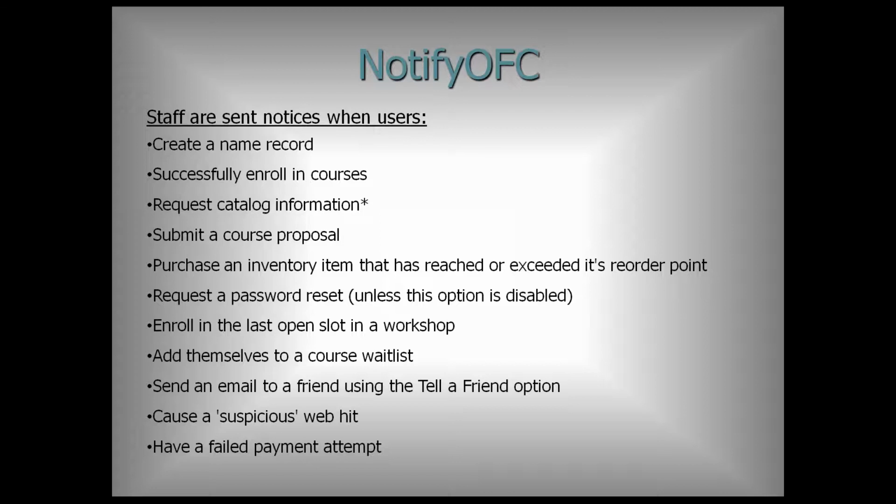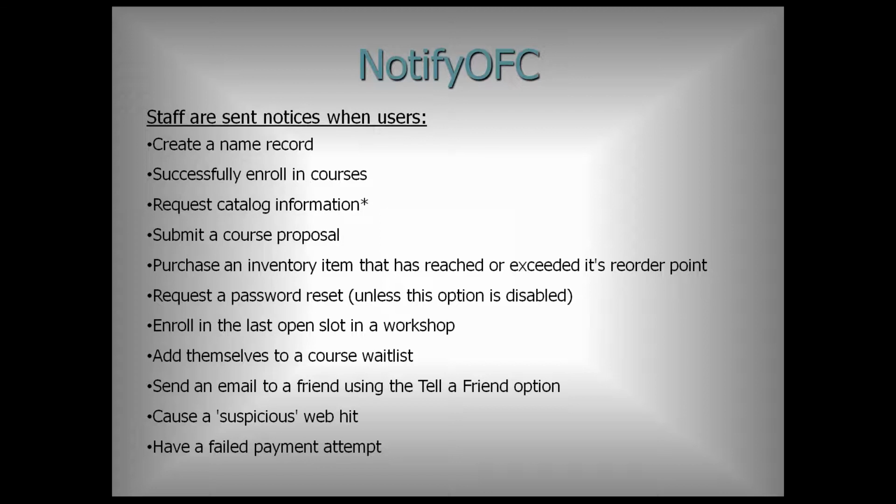So you've probably noticed those 2 checkboxes at the bottom of the sign up page that say, send me information on these interest areas or don't send me information. If they check that box and you have Notify Office on, then it's going to send an email saying, hey, we want catalog information for these particular interest areas.